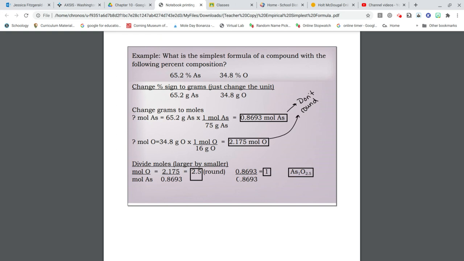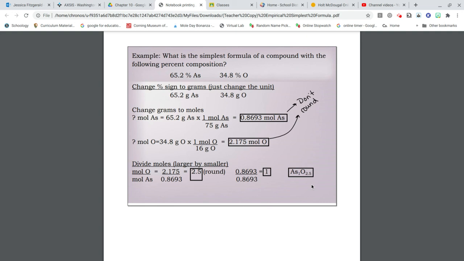Let's take a look at our number of arsenic, which will be 0.8693 divided by itself. So that means that whenever you look at your empirical formula, you have 1 arsenic and 2.5 oxygen. However, you know in a formula you can't have partial atoms.